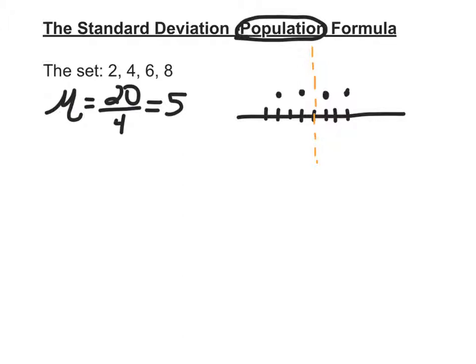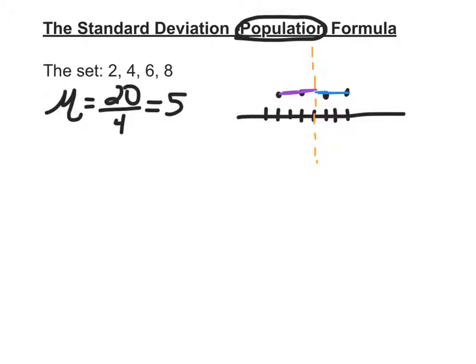Now, one way you could calculate the average distance away from the mean is to just take each distance. You'll notice that this distance is negative 1, going backwards. And then this distance is negative 2, going backwards. And then you have a positive 1 and a positive 2.